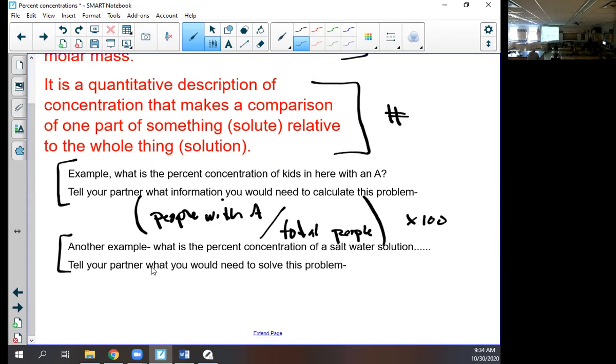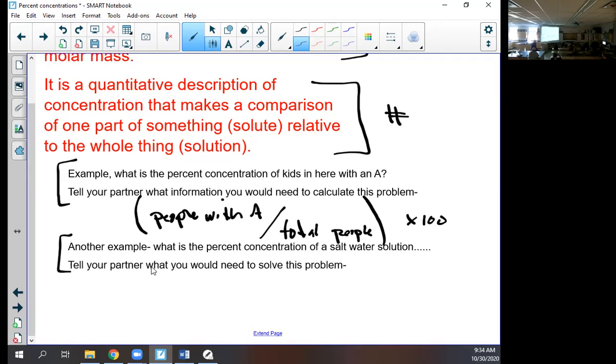Okay, another example. What is the percent concentration of a salt water solution? Tell your partner the information you would need to be able to solve that problem. What would you need to know? All right, so I really liked over here, Garrett and Thurgood said, you need to know the mass and the mass.